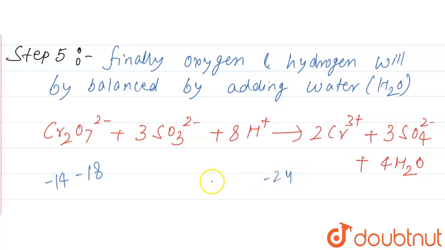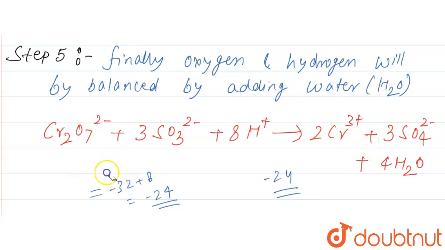And plus charges total on the left hand side is 8. So this will come to minus 32 plus 8, that is minus 24, and here also it is minus 24. You can see minus 24. So we have balanced everything. It is the net balanced equation.